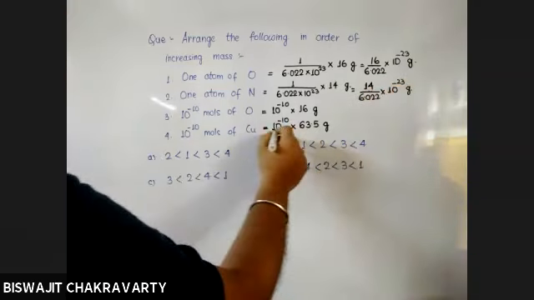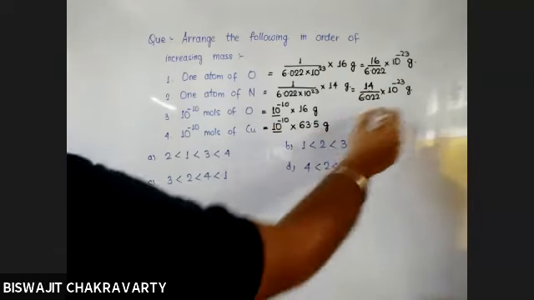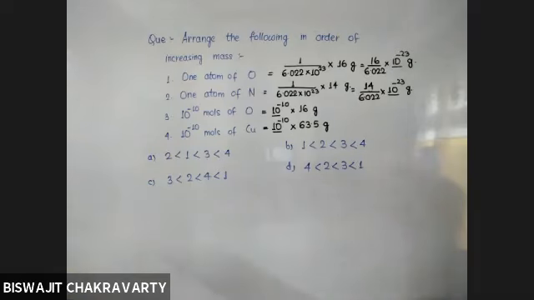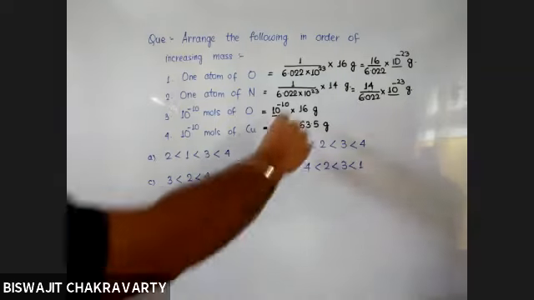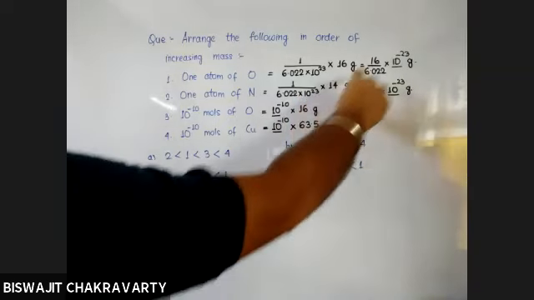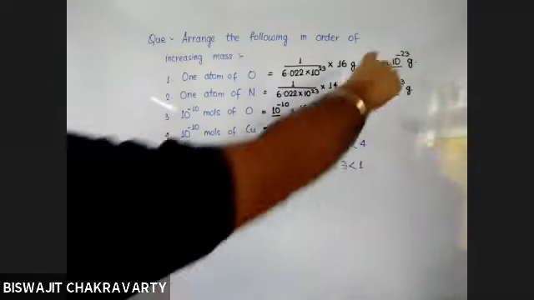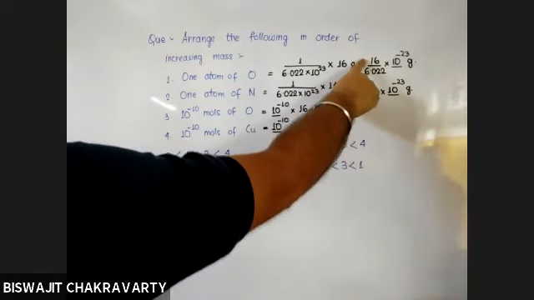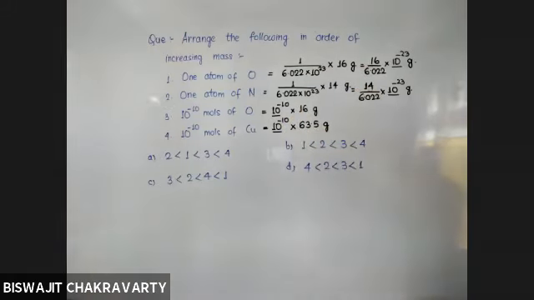So you see, these two are 10 to the power minus 10 and these two are 10 to the power minus 23. So obviously 10 to the power minus 23 is much smaller value with respect to 10 to the power minus 10. Now will it be clear or not? Yes, sir. So these two are much higher than these two. Now within these two, smaller value will be this, followed by this, followed by this, followed by this. Understood?